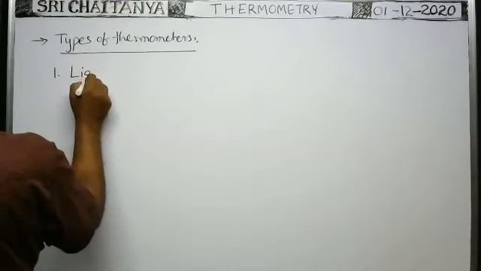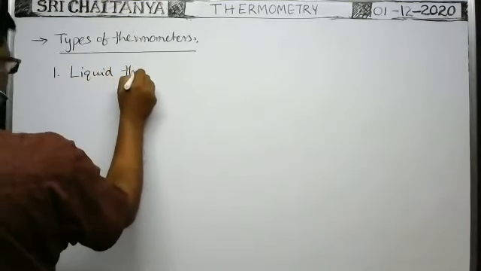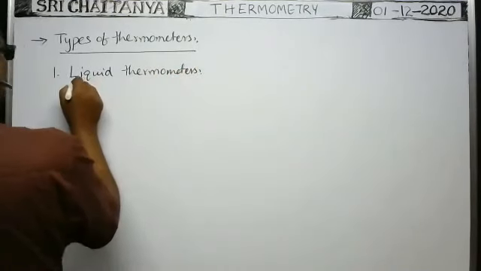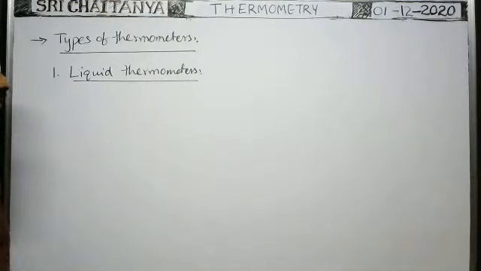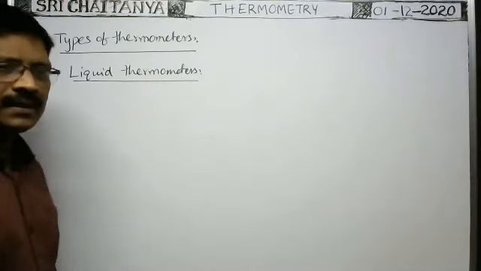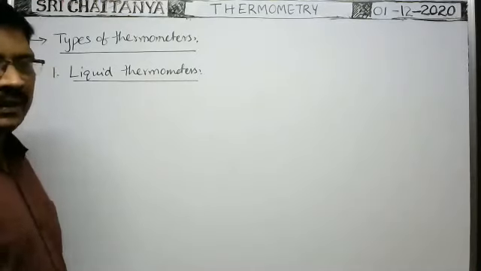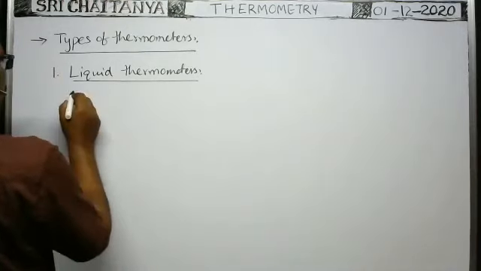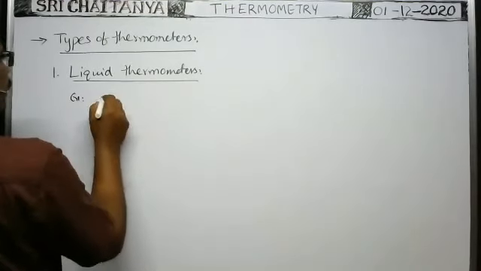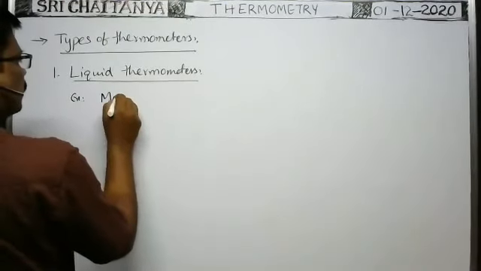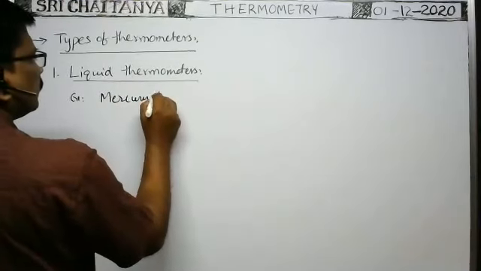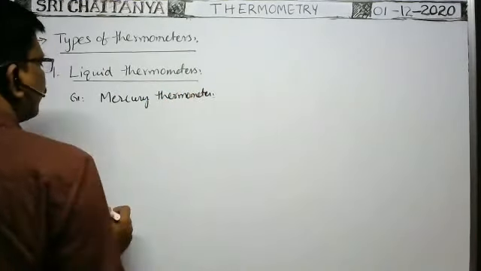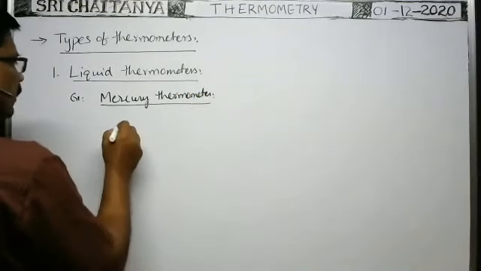In the case of liquid thermometers, the thermometric property used is thermal expansion upon heating. In liquid thermometers, take the mercury thermometer as an example.